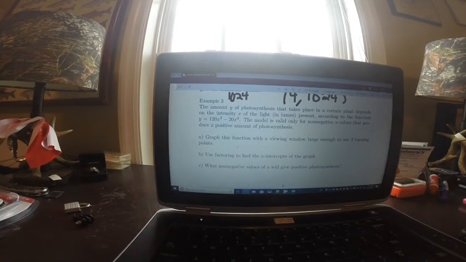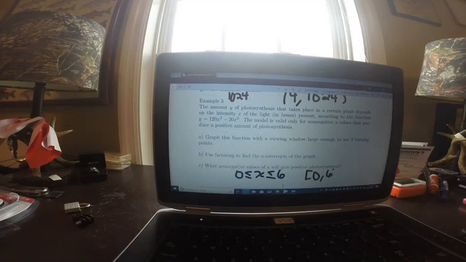So, okay, we're looking at non-negative values of x. We've got 0 is less than or equal to x is less than or equal to 6. You can also give that in interval notation if you'd like. You can say from 0 to 6. That's fine. Make sure you use your brackets if you do that.